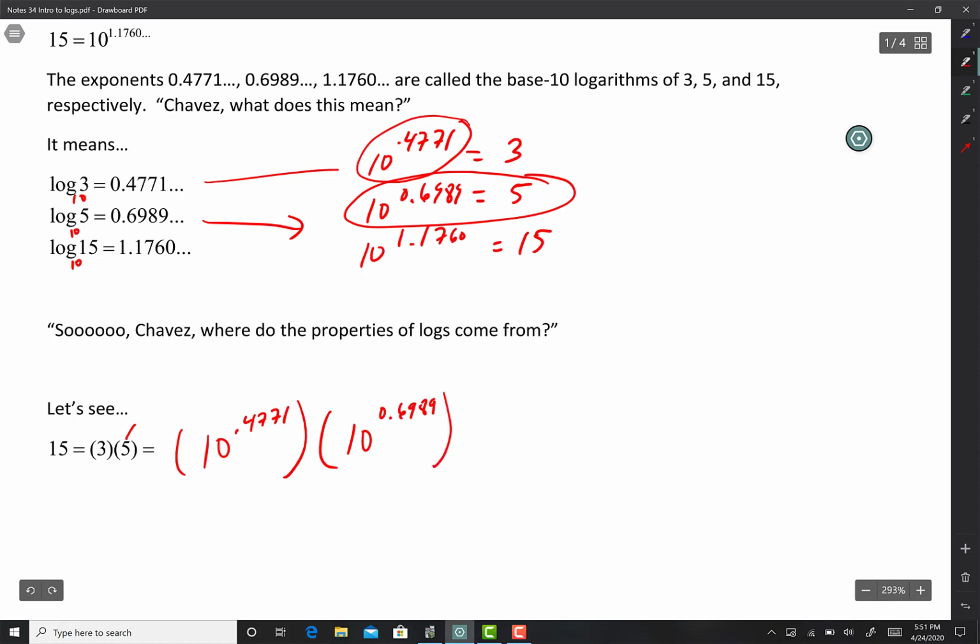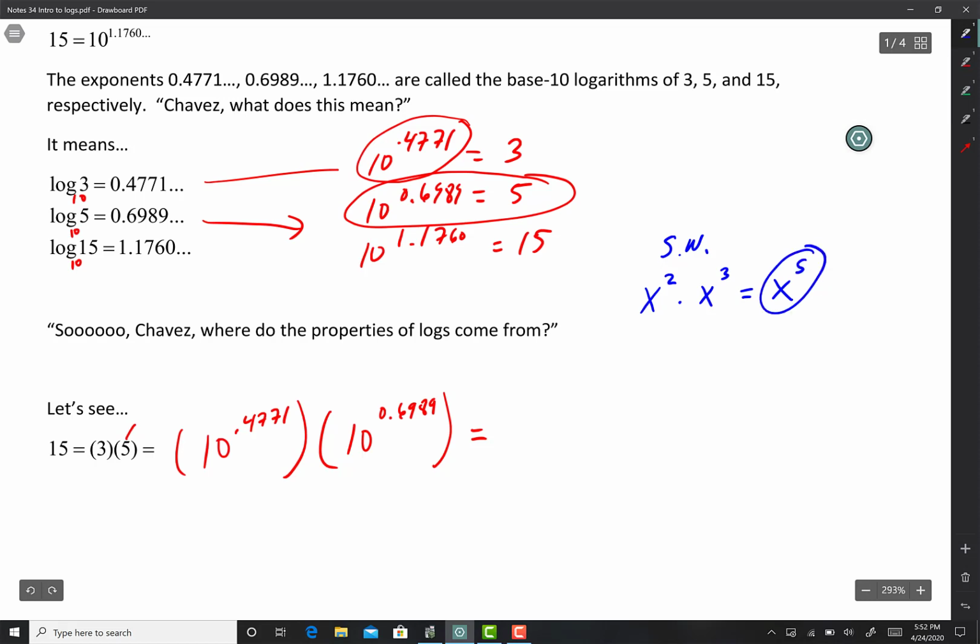Now, when you were in Algebra 1, when you did laws of exponents, your algebra teacher told you that x squared times x cubed, because your bases are the same, is equivalent to x to the 5th power.